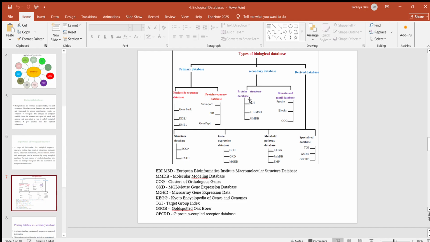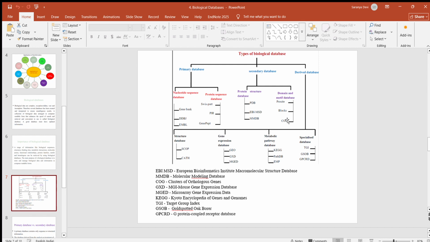PDB, the Protein Data Bank, gives you complete information about the protein. Then EBI MSD, the European Bioinformatics Institute Macromolecular Structure Database, and MMDB, the Molecular Modeling Database. Then the domain and motif databases include PROSITE, BLOCKS and COG. This is the information you can collect under domain and motif databases.